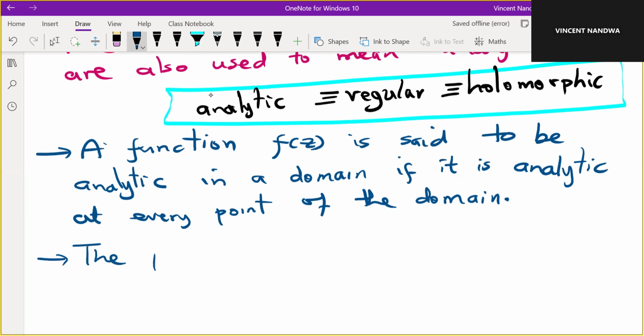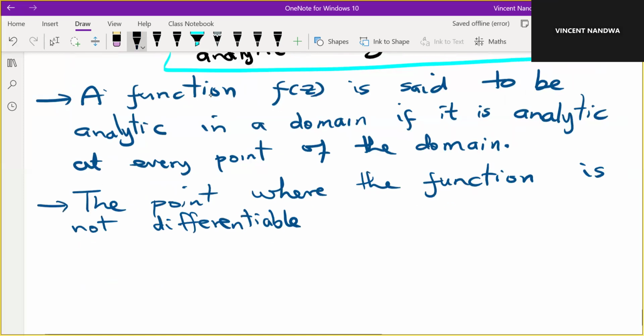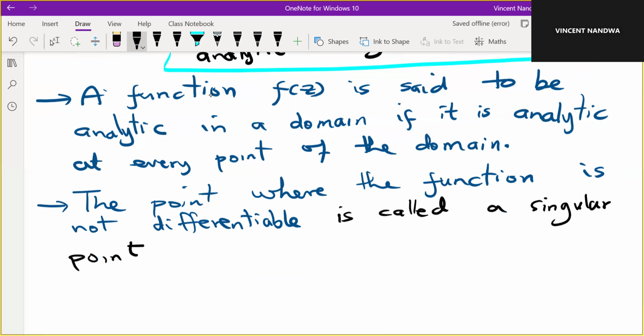Now the point where the function is not differentiable is called a singular point of the function.